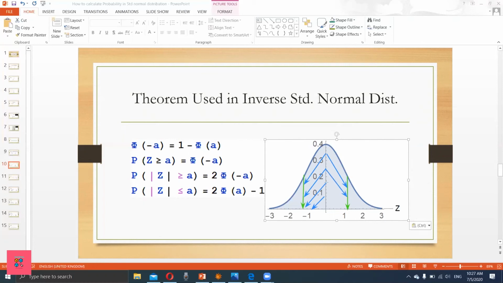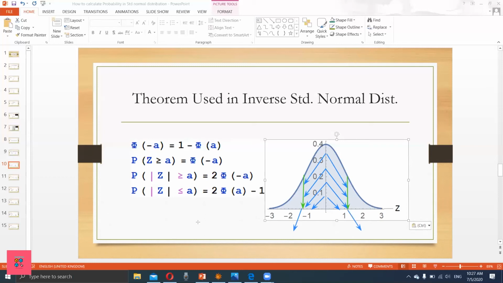You can color in one direction also. It's up to you, but it looks good. Probability z less than a means the area between this point, minus a, and this point, plus a.